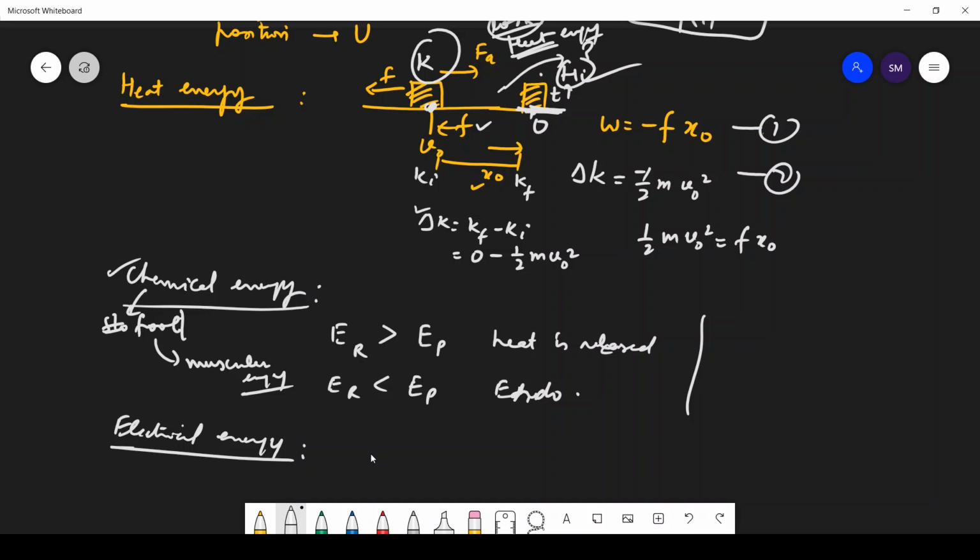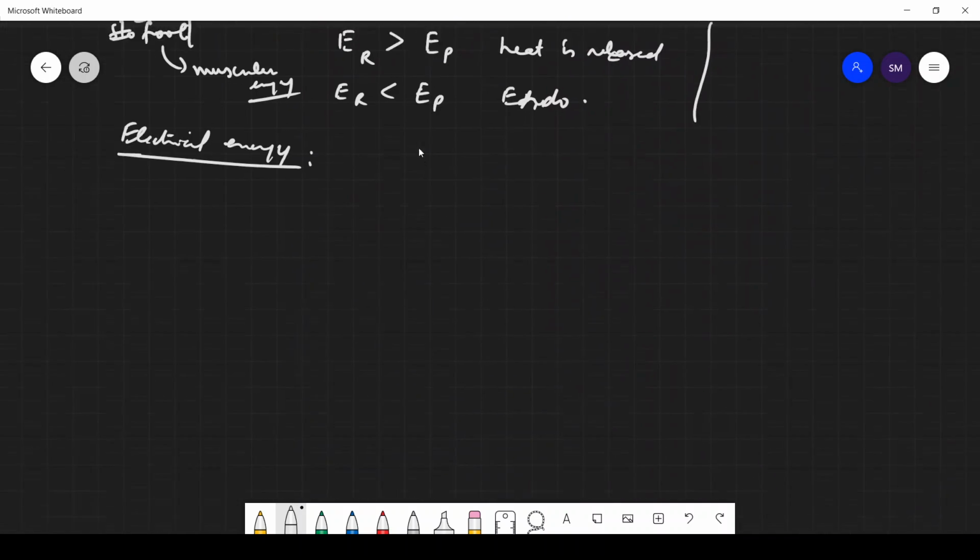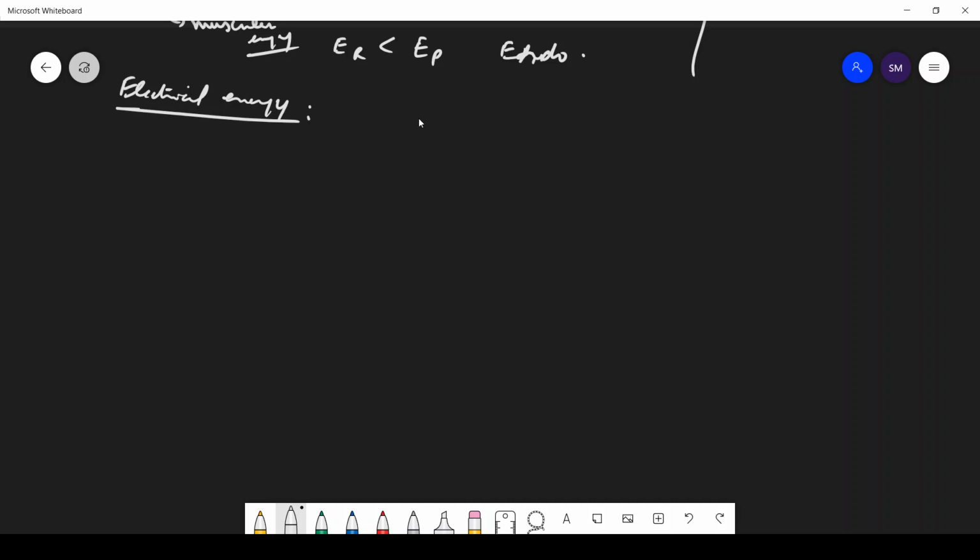Okay. Now, next is the equivalence of mass and energy. That's quite important. Can mass be converted into energy? Einstein showed that mass and energy are equivalent and they are related by this formula: E equals mc squared.